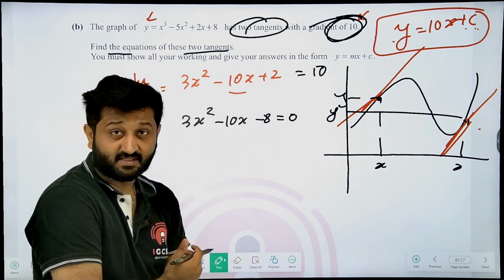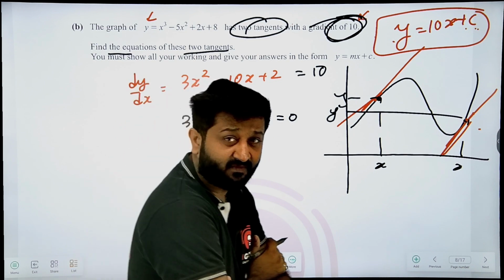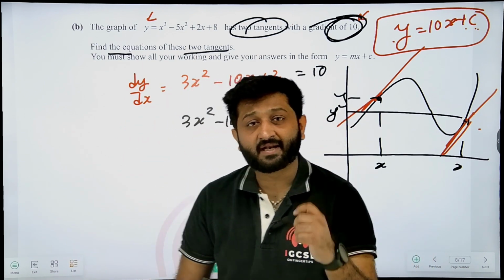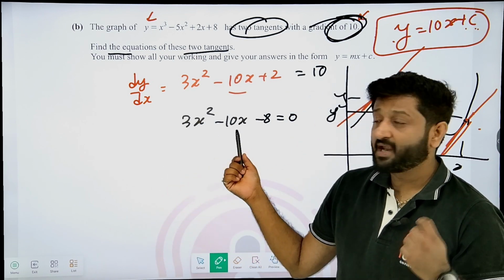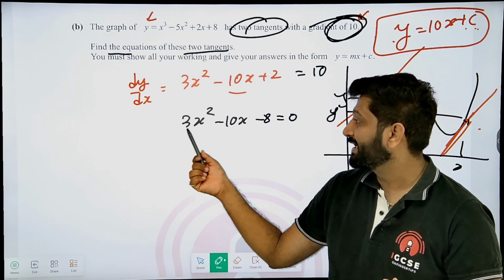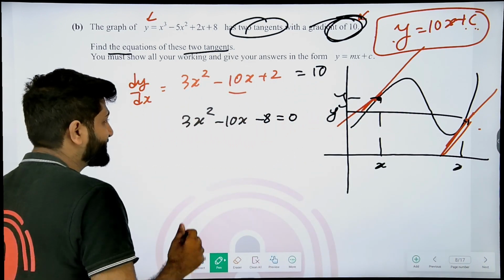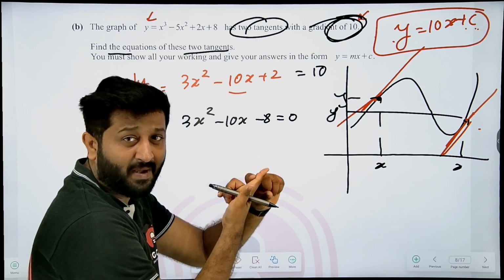I'll factorize this. I know that the middle term is negative 10. I'll split negative 10 into two terms in such a way that the addition should give me negative 10 and the multiplication should give me 3 into negative 8, that is negative 24. Now are there such terms? Yes, minus 6 and minus 4.